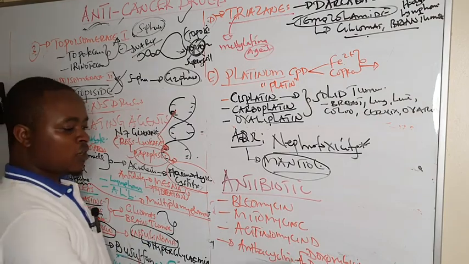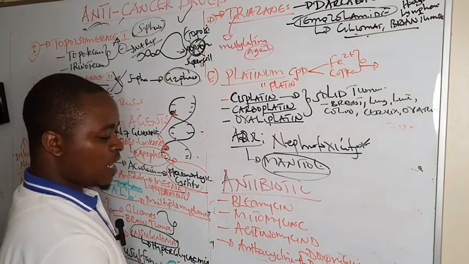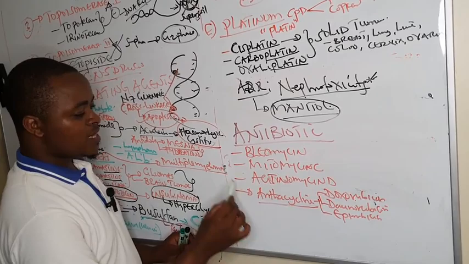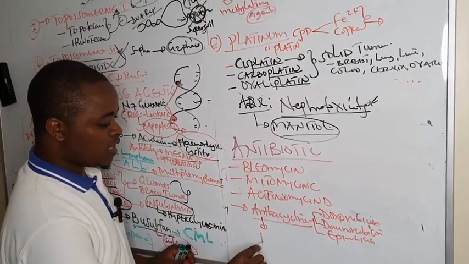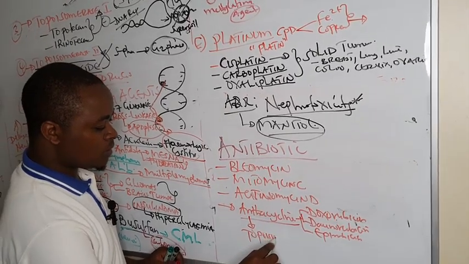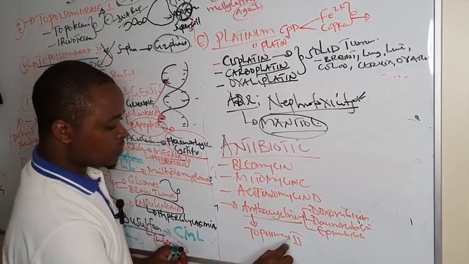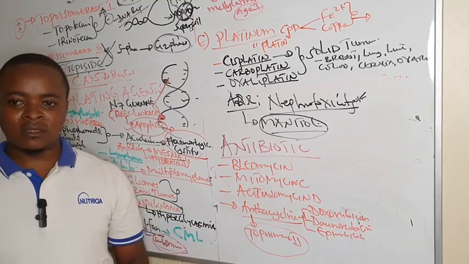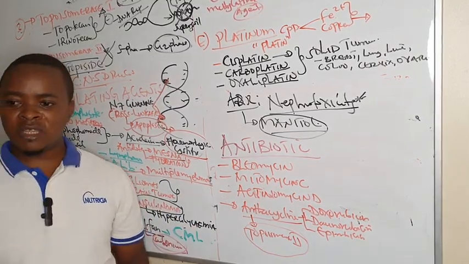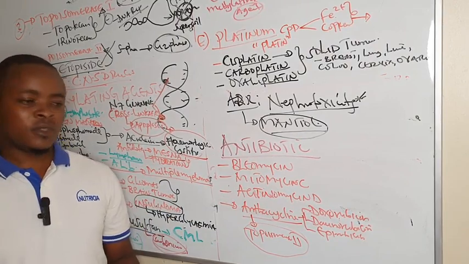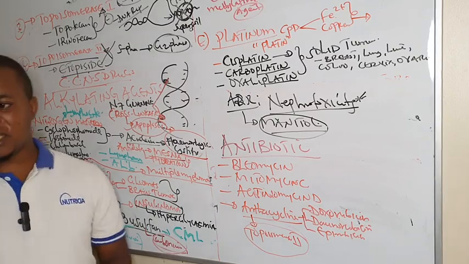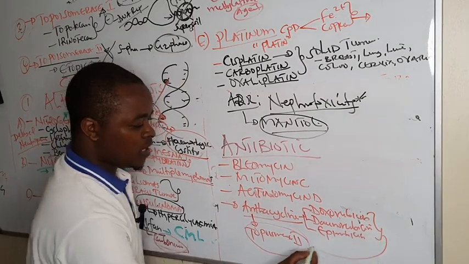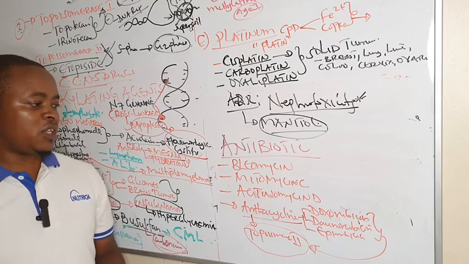For them, we saw their mechanism of action is inhibiting DNA gyrase, which we called topoisomerase type 2. They are always given in combination with other drugs like platinum analogs and vinca alkaloids in treatment of cancer. Their mechanism of action is inhibiting DNA gyrase, responsible for loosening supercoils.